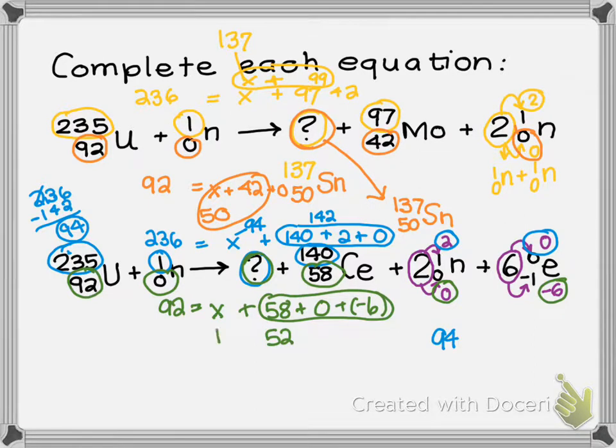So this number would have to be 40, because 40 plus 52 would equal 92. So this would be a 40. And to figure out what element it is, I would have to look up element 40, and I would see zirconium. So the answer for the question mark here would be 94, 40, zirconium.